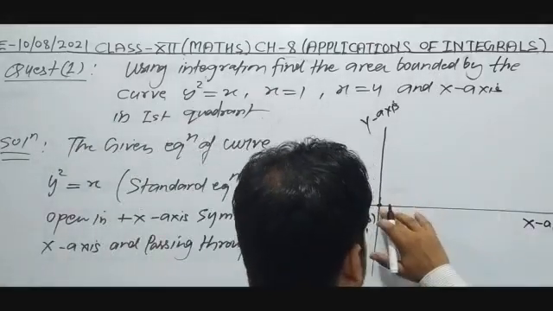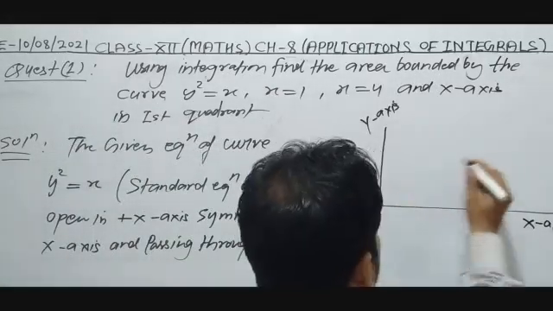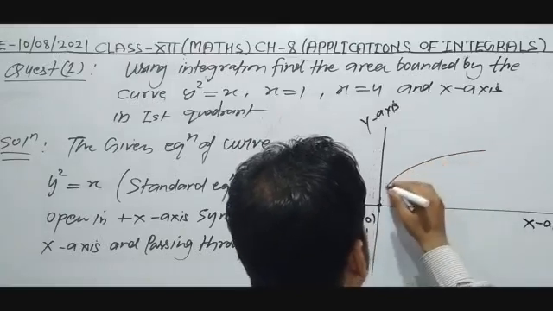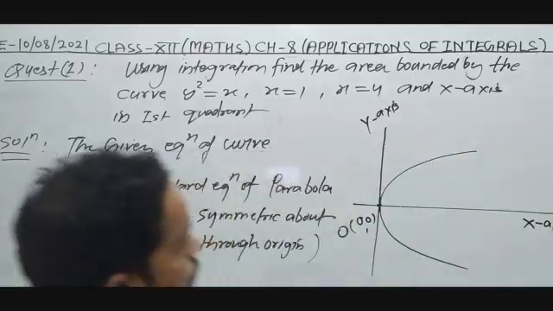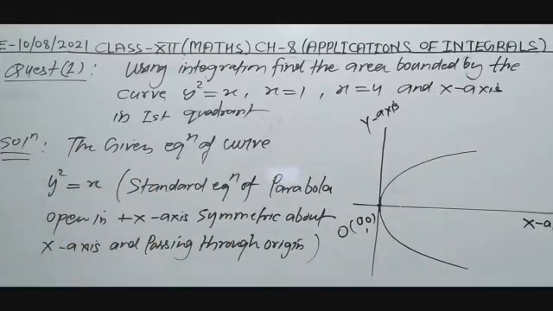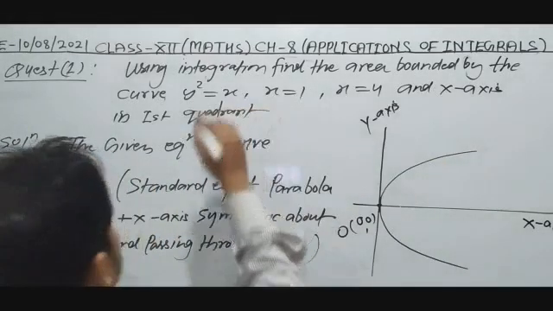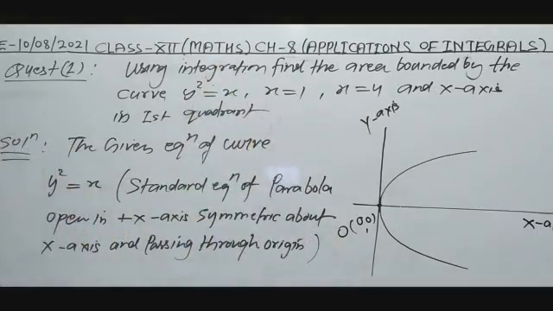So now see, suppose this is the curve. We have drawn y square is equal to x. Now what is x is equal to 1? See, x is equal to 1.